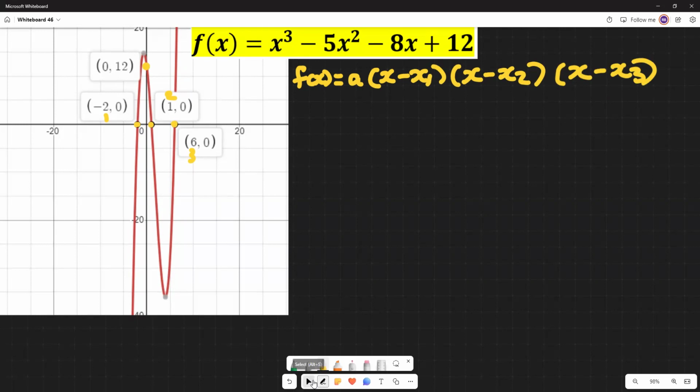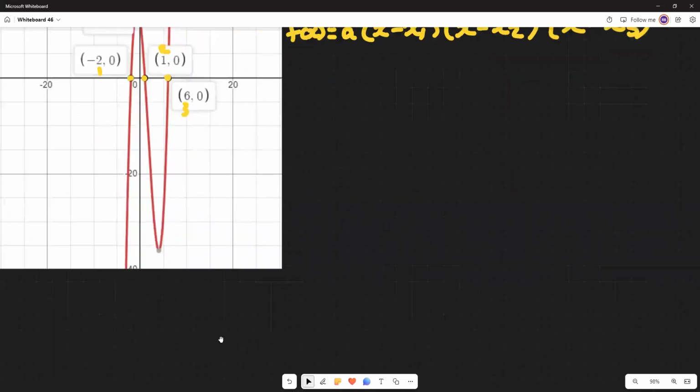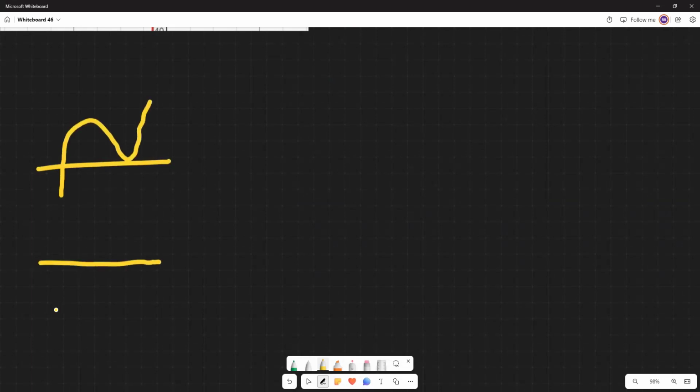There are three cases that you can get, and I'm going to show you before we solve that. The one that I wrote there is the first case. The second case, your cubic function can look something like this. The third case, your cubic function can look something like that. I've done videos on this as well. You can go check them out. So you see here, this will be there, and then your other x-intercept is there.